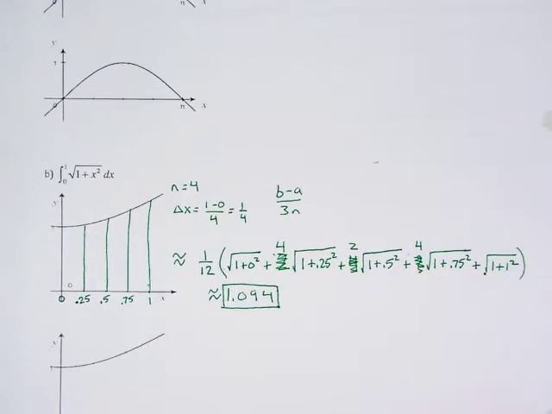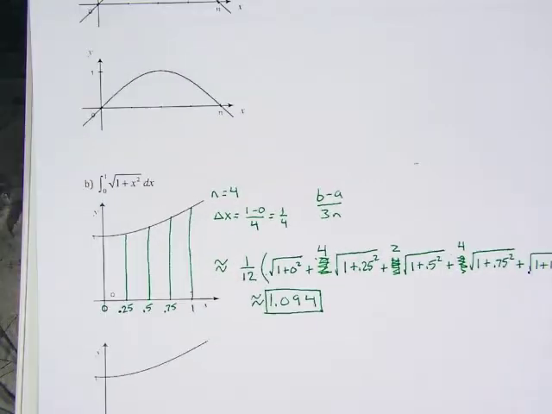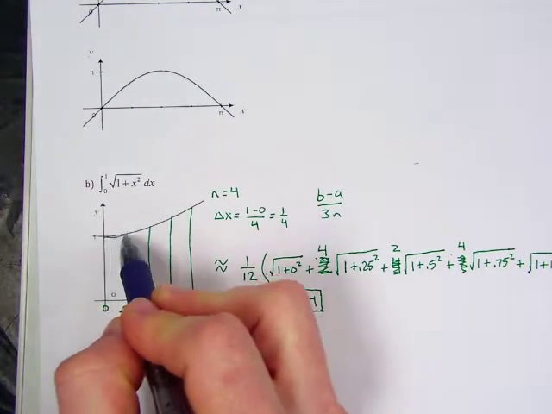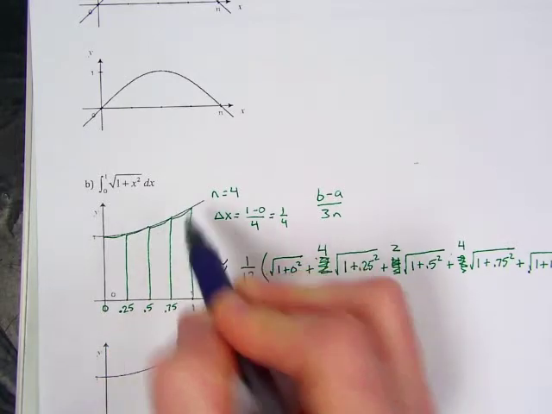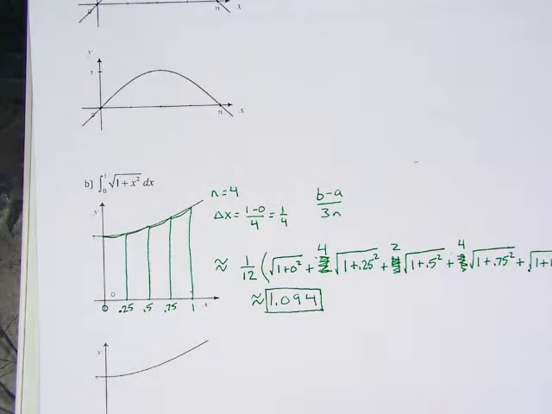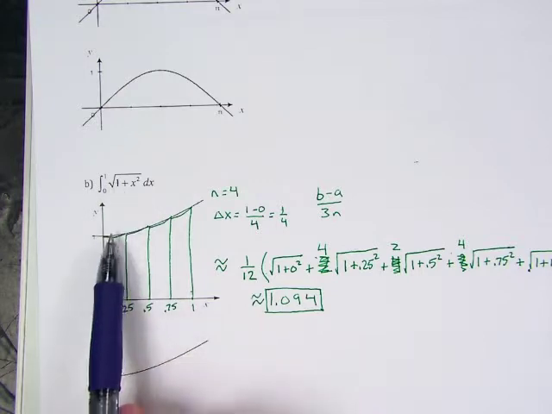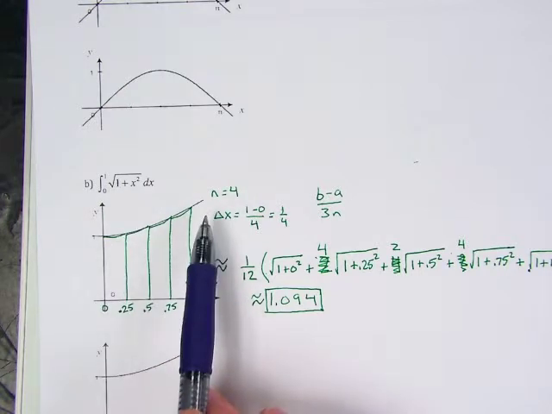So you guys kind of see that the parabolas are going to get even closer. And a lot of times, with a lot of functions, the parabolas are actually equal to the curve. So it's kind of an interesting thing.